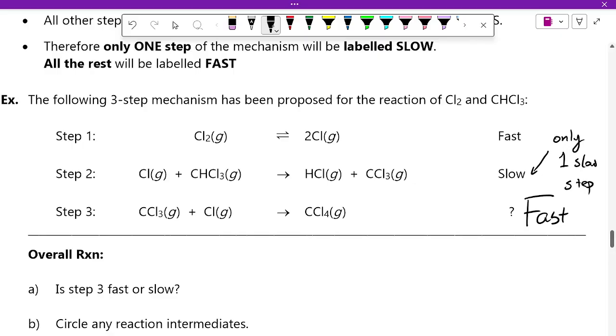Could you please circle any reaction intermediates? Chlorine. That's one.